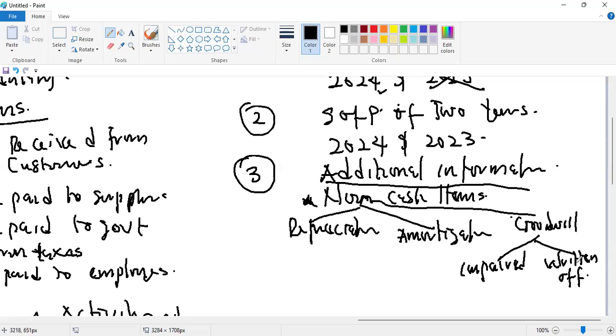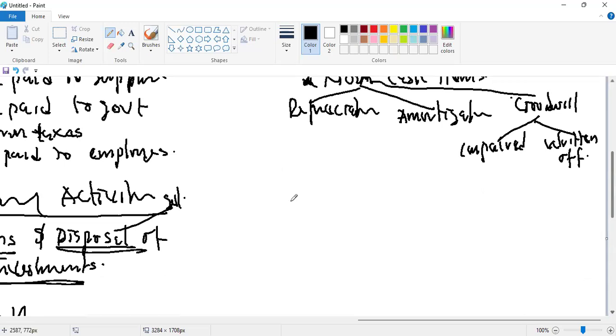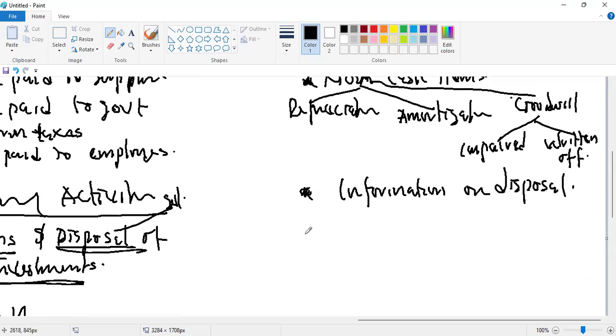Two, information on disposal. I need information on disposal. What can they sell? If I need information, it is waiting for me in additional information, any information on disposal.